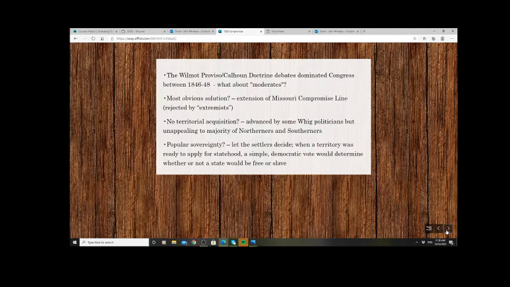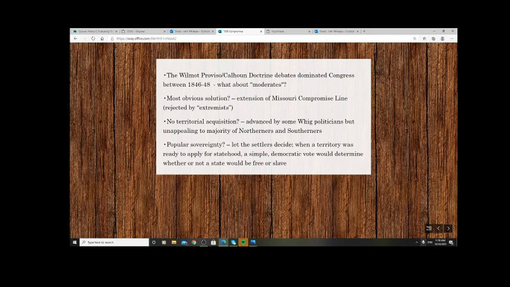What did this include? Well, popular sovereignty was really a view that the settlers should decide. So once you've got your 60,000 people living within the territory, and there's a desire for statehood, have a vote, and whatever the majority of that 60,000, or maybe slightly more, if you allow more people to come in during the process of voting, they decide, they determine if a state is free or not.